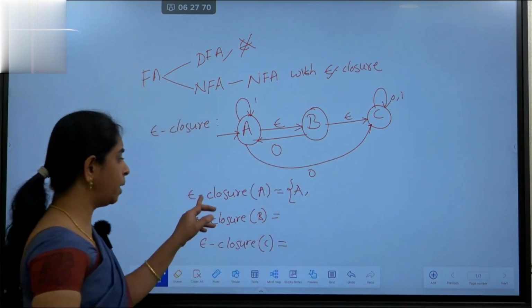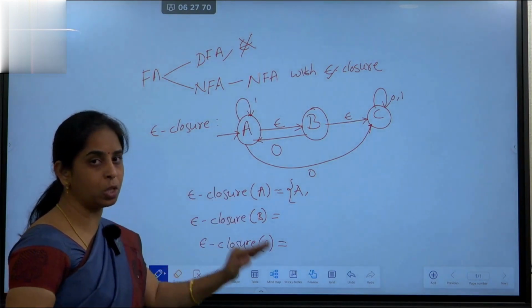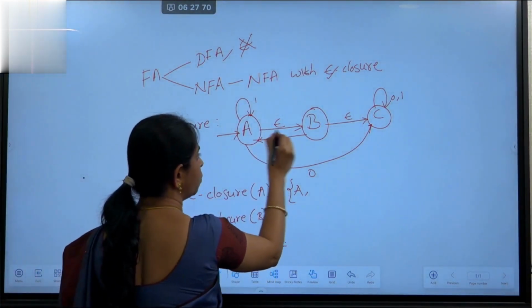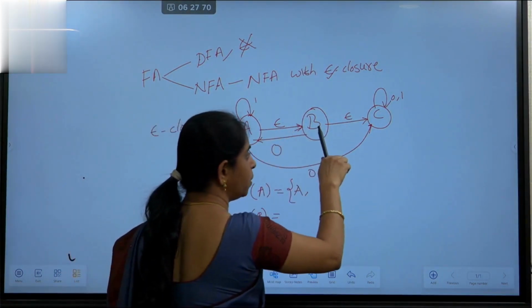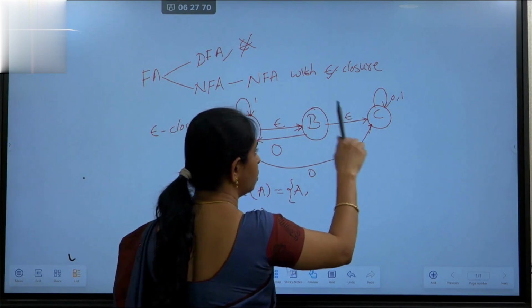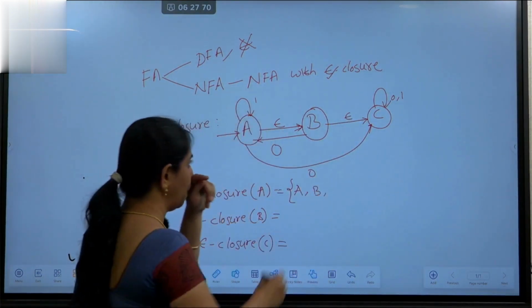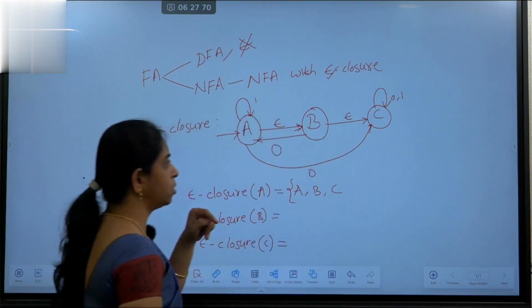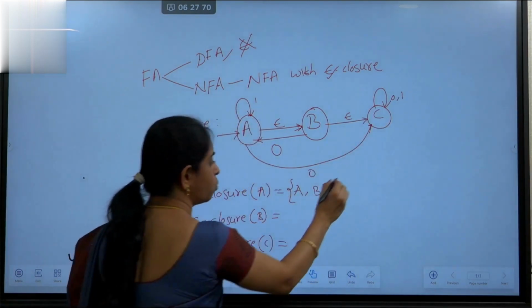Now, in the name itself we have epsilon closure. That means whenever we move through an epsilon transition, from A we move through epsilon to B, and from B to C through epsilon, right? So from A you can move to B through epsilon, and from B to C through epsilon, so we can also move to C. From C there is no epsilon to any state, so we stop.